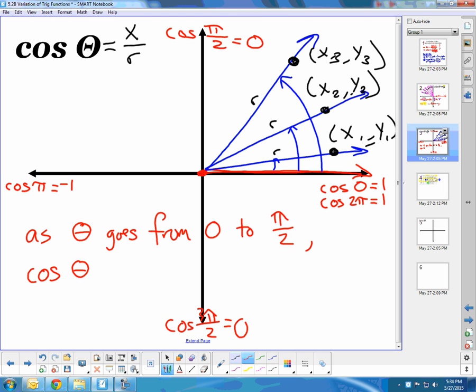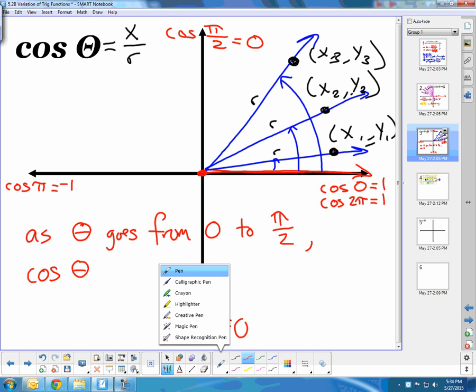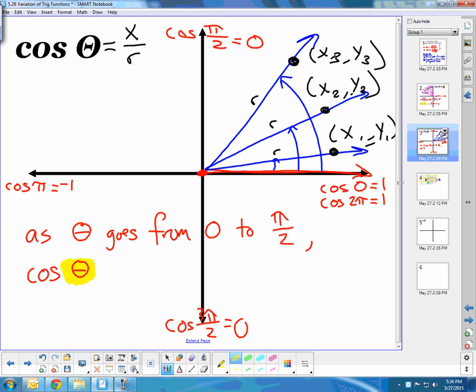So I'm looking for the output. I'm not just looking at the theta. I'm saying, what would the answer to cosine of theta be? Well, it goes back to your definitions and looking at mostly the value of x, because the value of r is going to stay fixed.